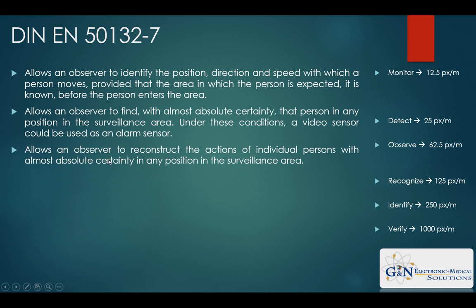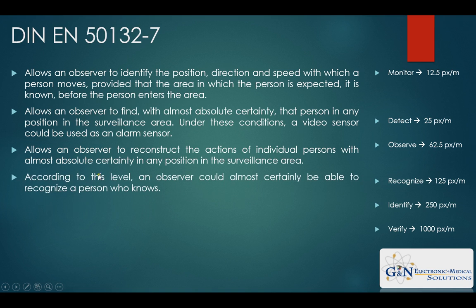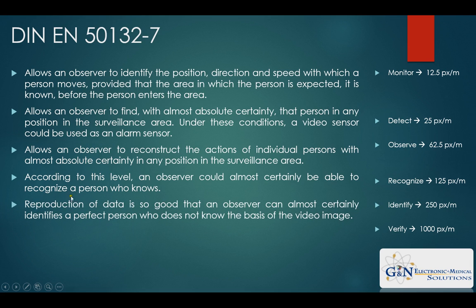And this one is the observe, which allows the observer to reconstruct the actions of an individual person with almost absolute certainty in that position. And then we go to the recognize, which allows the observer to certainly recognize a person that he knows. And the identify, which is more or less the previous, but you can use this in order to identify a person that you might not know.